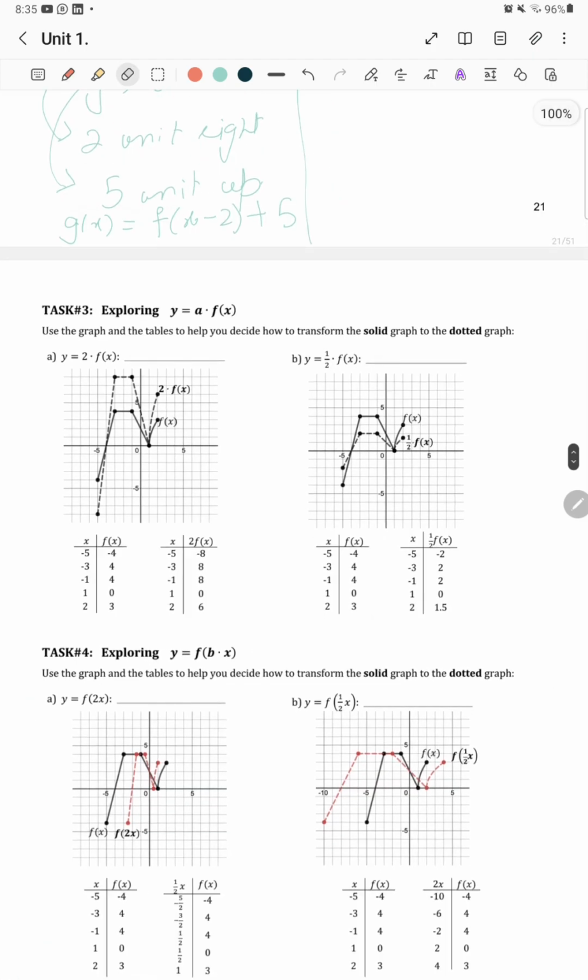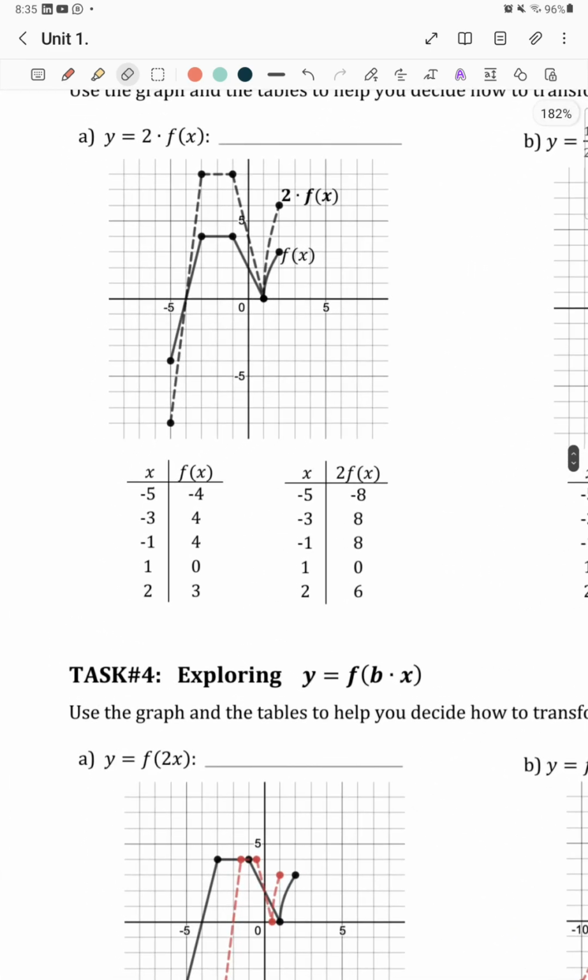Use the graph in the tables to help you decide how to transform the solid graph to the dotted graph. Okay, so this is the solid graph and this is the dilated graph.